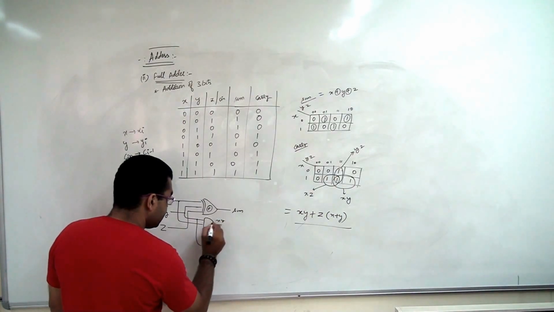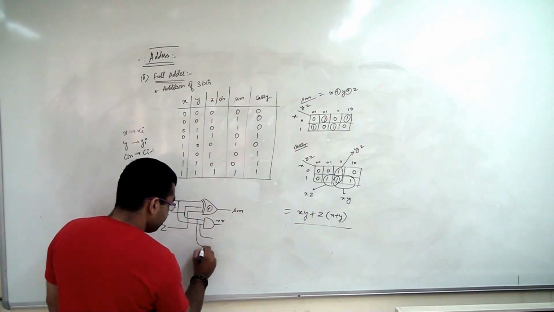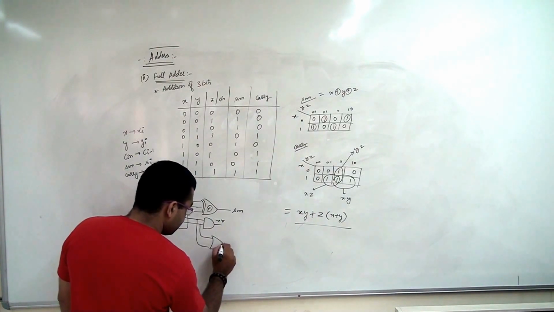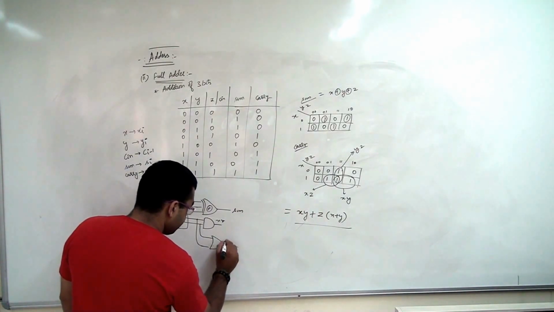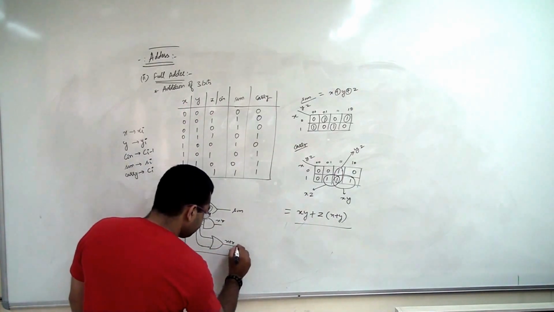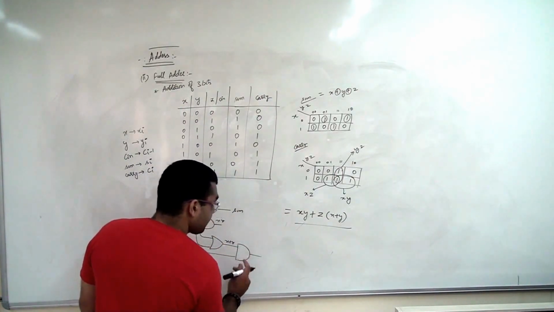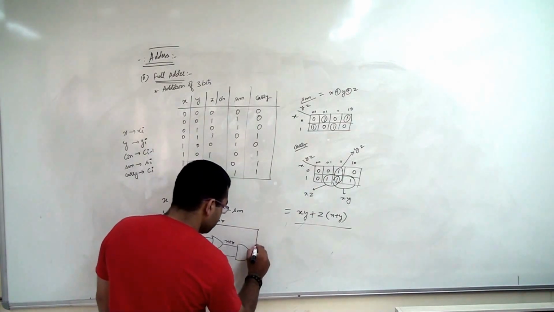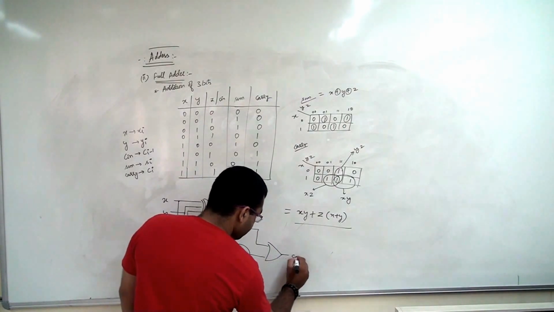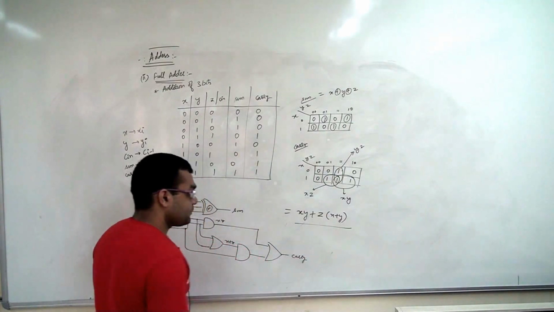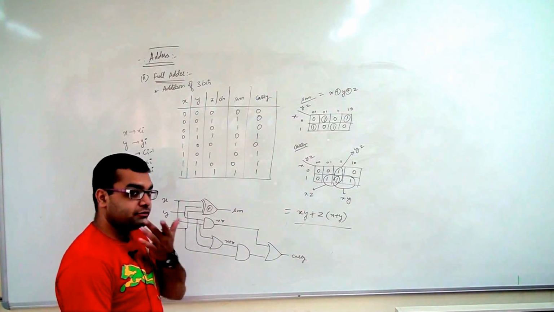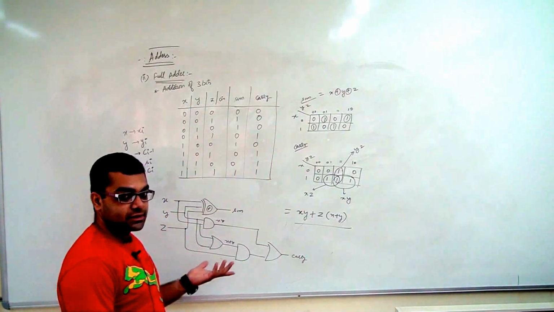This is xy I have generated. This I take for x plus y. And then I OR these 2 functions. Alright, this is how you implement a full adder using the basic circuits.